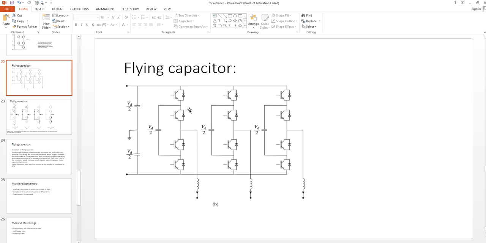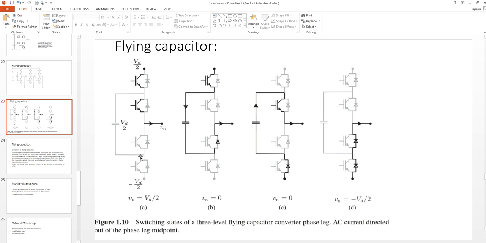Both the midpoints through which the switches are connected are connected through a capacitor. So that's why it is called a flying capacitor topology. So let us discuss its working.